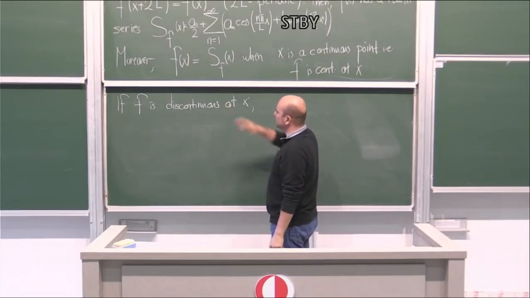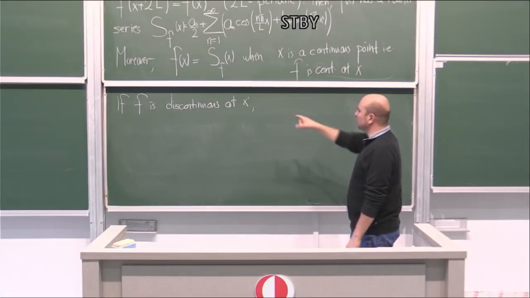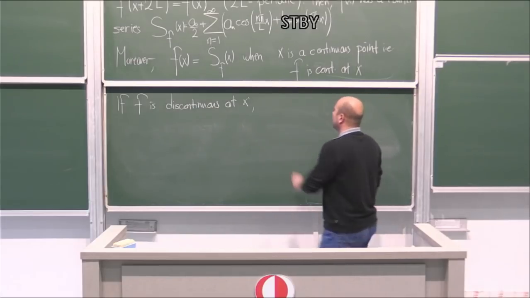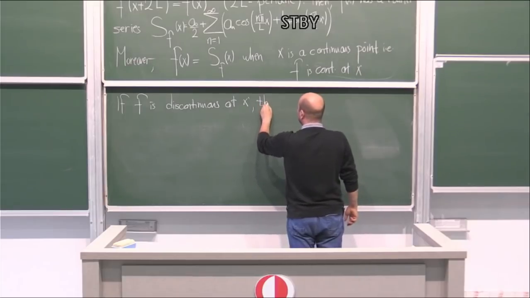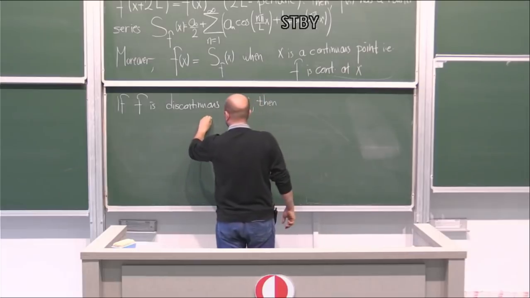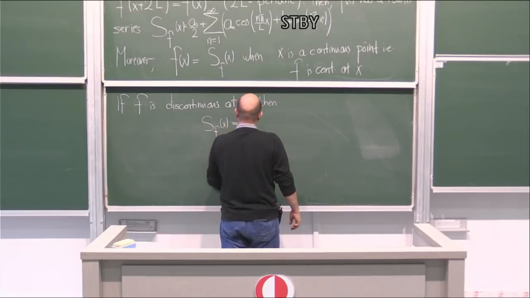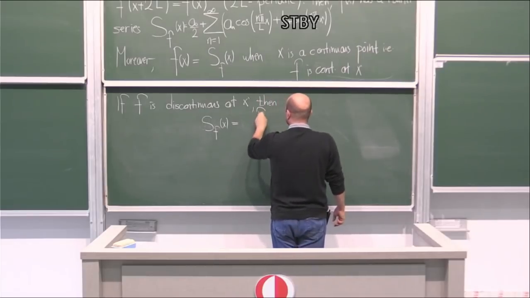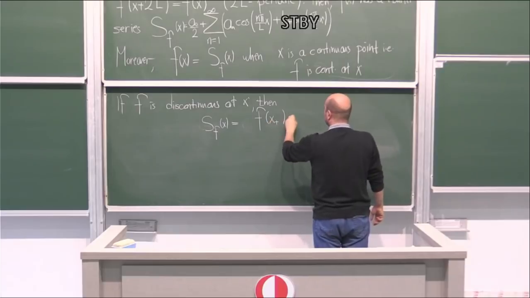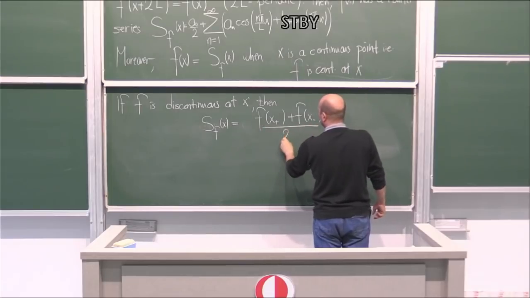The problem is basically jump discontinuity. So if f is discontinuous at x, then the number you get from the Fourier series is equal to, I'm using the book's notation now, f(x plus) plus f(x minus) divided by 2.